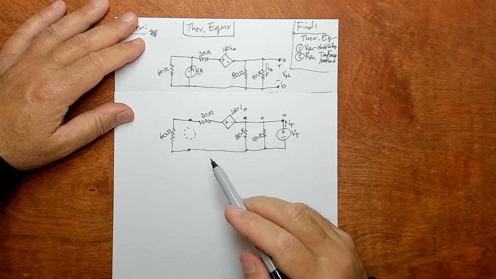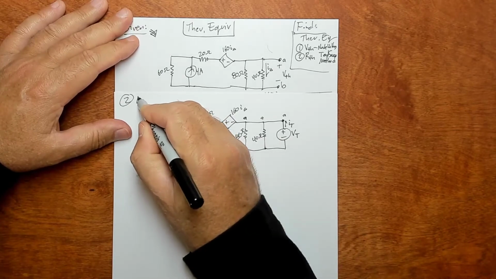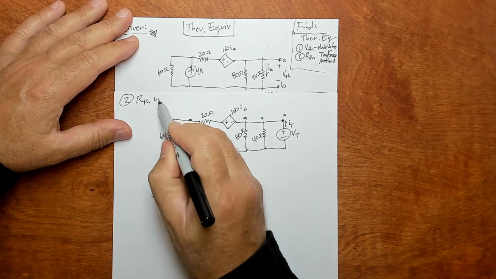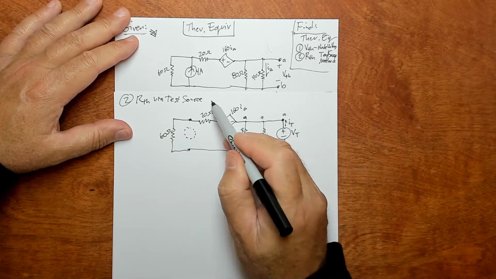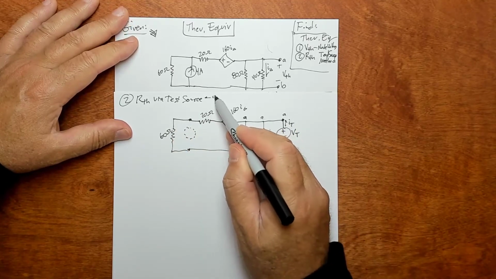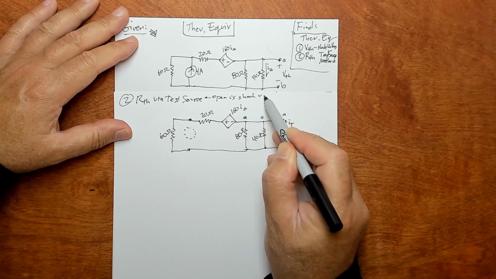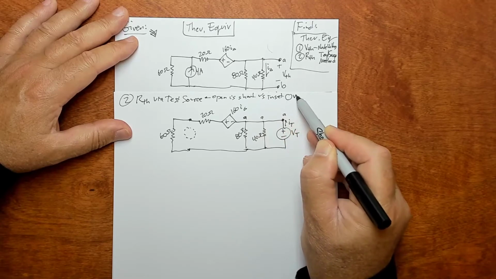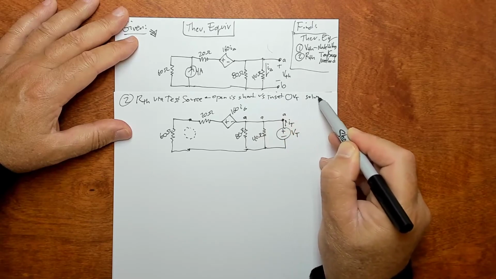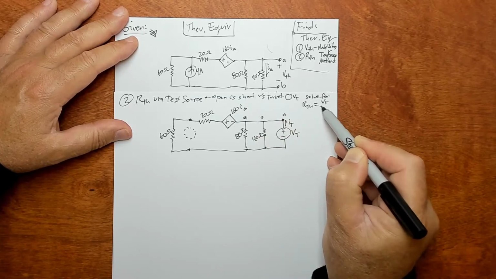All right, so this is step or process 2. We're trying to find R sub Thevenin via test source, and the test source method tells us to open the I's and short the V's, insert this V sub test, and then we're going to solve for R sub Thevenin is going to be V sub test over I sub test.